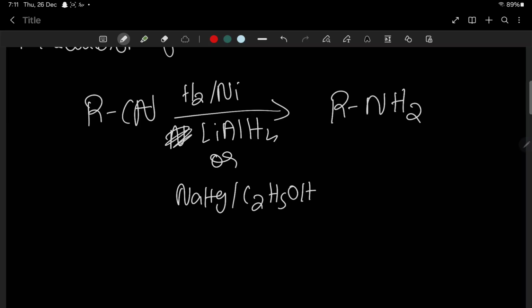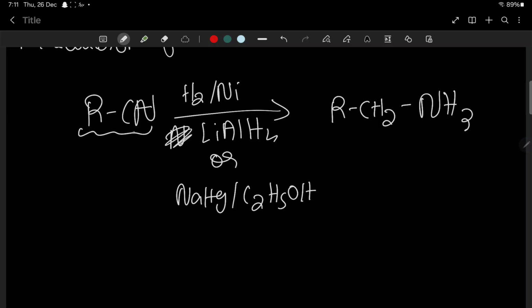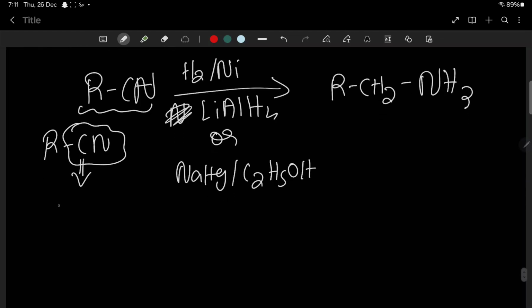What we get is, not RNH2, one second, we get RCH2NH2. Here you look, this compound had one R group and CN. Here CN acts as the functional group. But here what happened is that the C≡N bond broke and it became CH2.